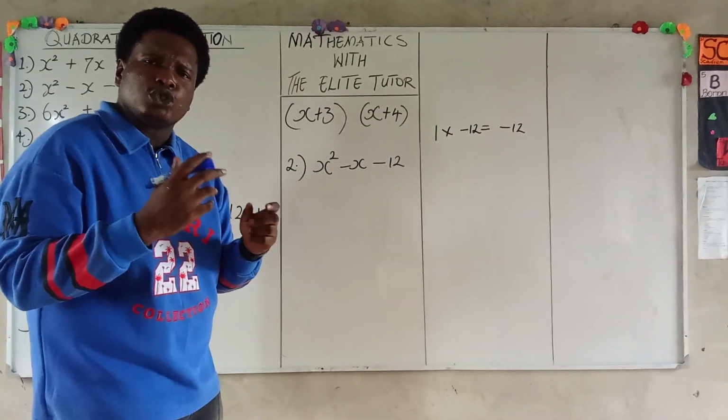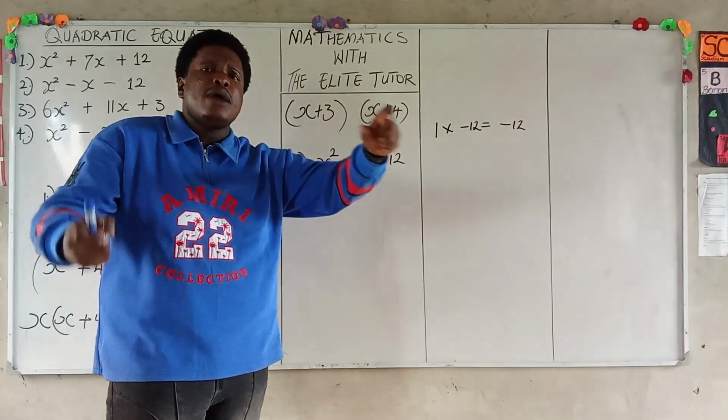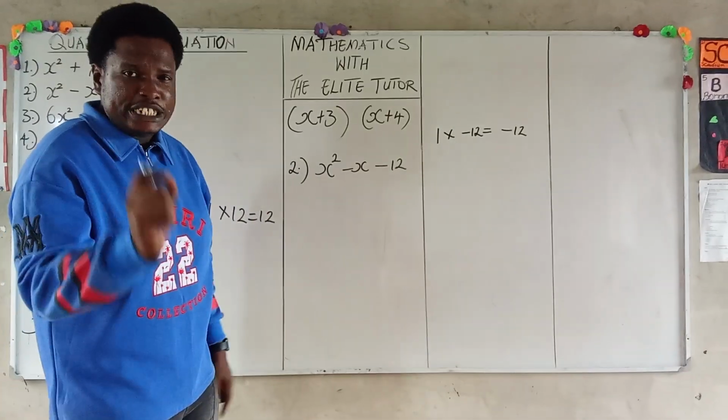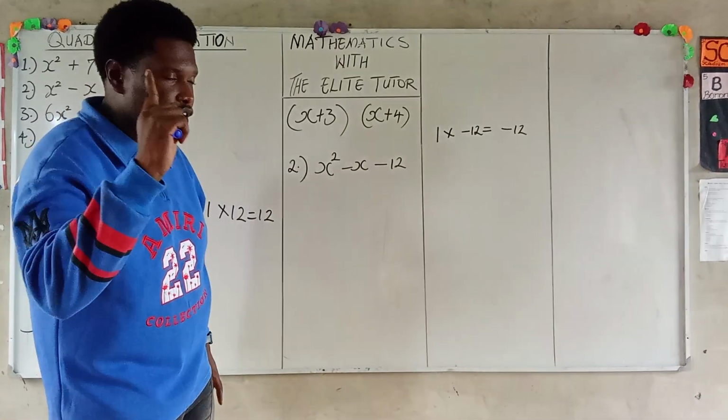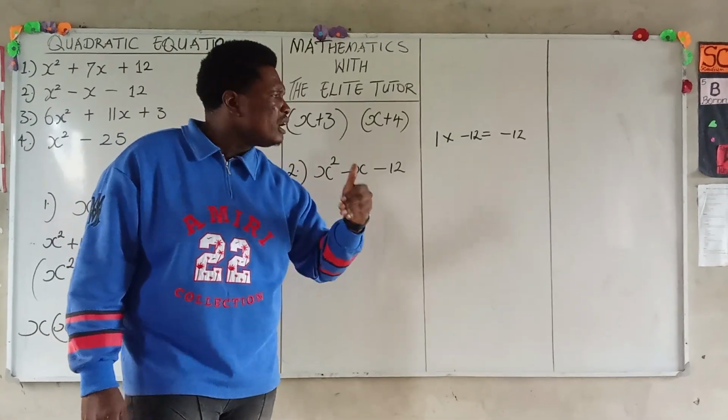Now at this point, we look for two numbers that when we multiply, give us minus 12, and when we sum, give us minus 1. How is it minus 1? The coefficient of x is 1, and don't forget you have a minus sign. So what are those two numbers?